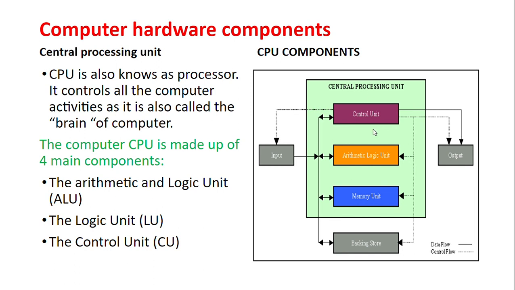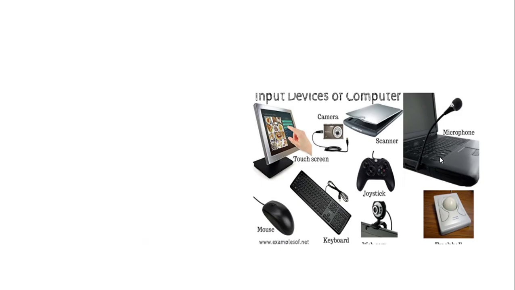So here we are looking at the schematic. We have the control unit, arithmetic unit, and the memory as well. We enter data, and they are processed, and then they are stored or displayed out.